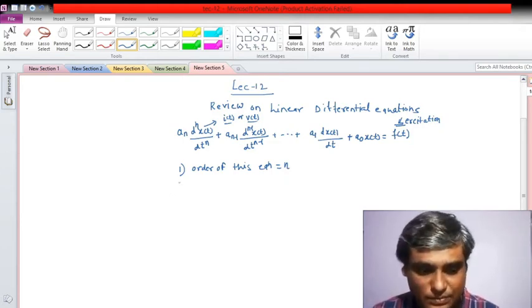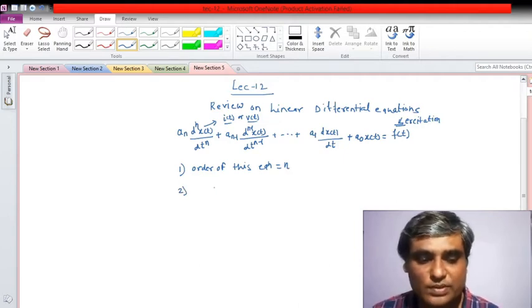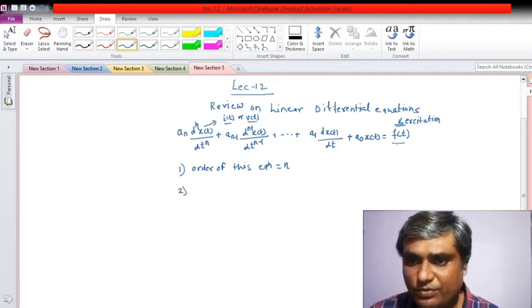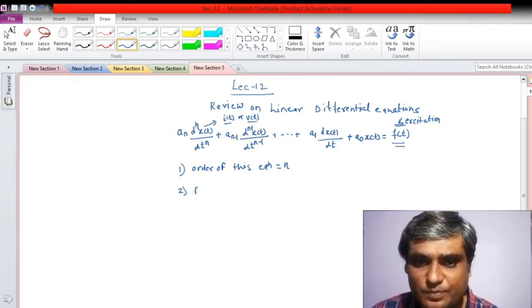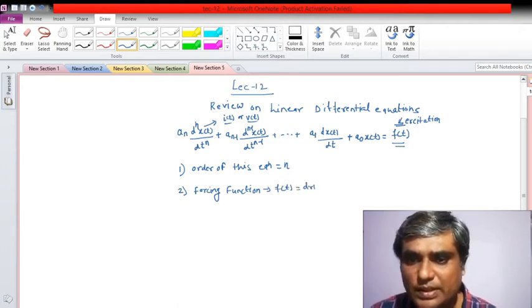Okay, so first we have found the order of this equation, which is n. Next, the term f(t) on the right hand side is called the forcing function, or in other words the driver.